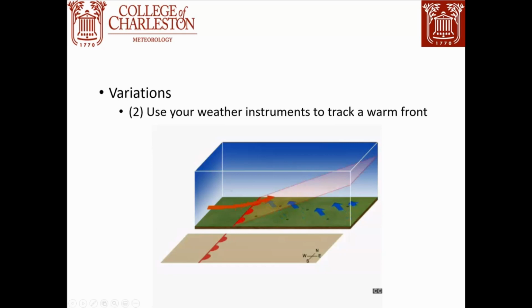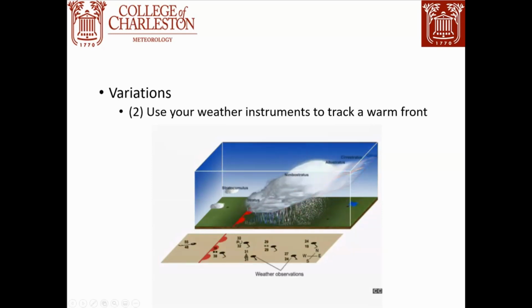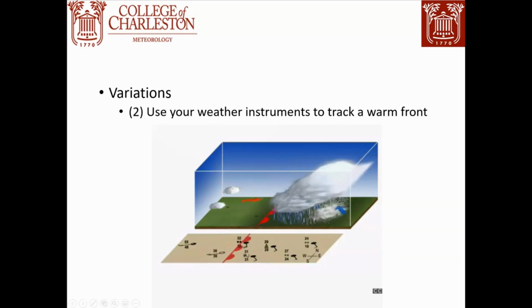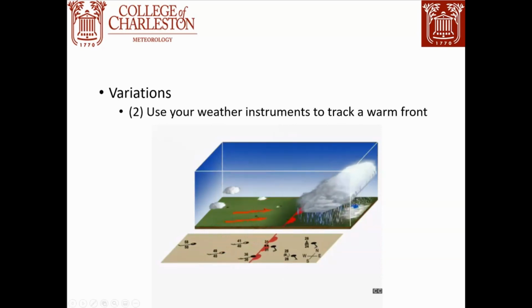So as the warm front passes by the specific region, what you expect to happen is that there will be clouds and precipitation forming ahead of the warm front boundary, and therefore you will see changes in precipitation, changes in the local temperature, and as the warm front passes by, you should expect a change in temperature, increasing. It should be cold ahead of the warm front and warm behind the warm front.